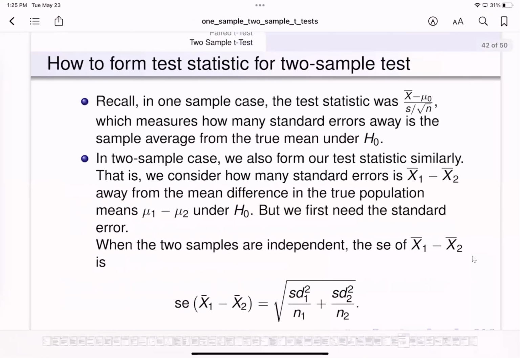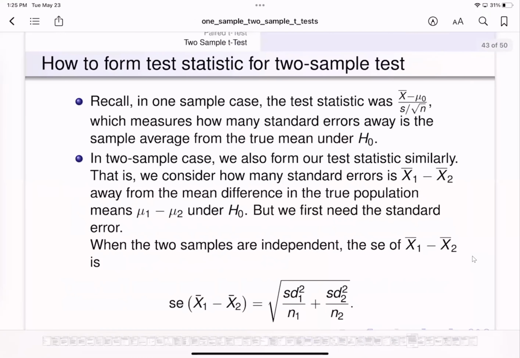When we consider the test statistic, we will again start with the point estimate of the parameter of interest. In this case, the parameter of interest is the population mean difference, mu1 minus mu2. And then to construct the test statistic, we'll start with the point estimate of mu1 minus mu2. A good point estimate in the case when data comes from normal is the sample mean difference.